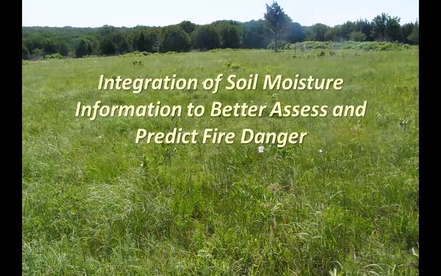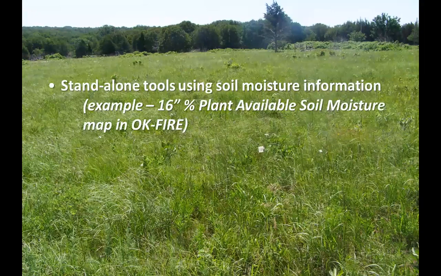So now I want to conclude by talking about some research ideas, how to integrate soil moisture to better assess and predict fire danger. I think there's two types of products that can result. One would be standalone tools using soil moisture information. An example of that would be the 16% plant available soil moisture map that we currently have in OK Fire.